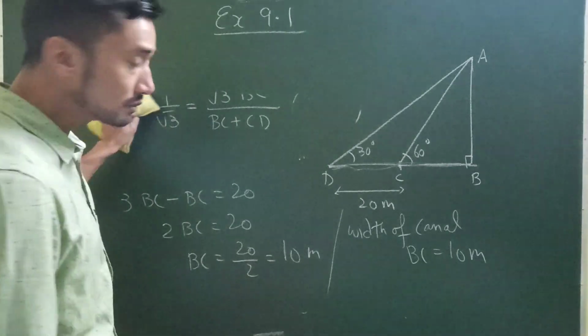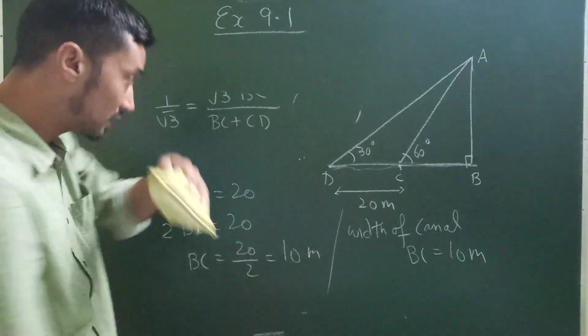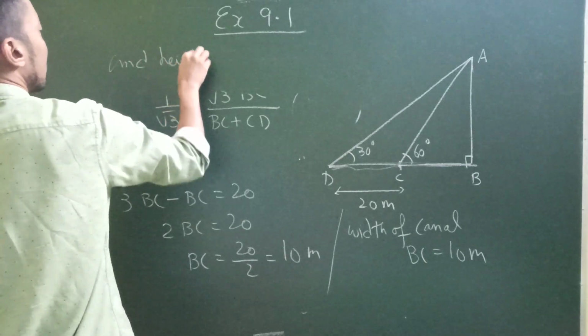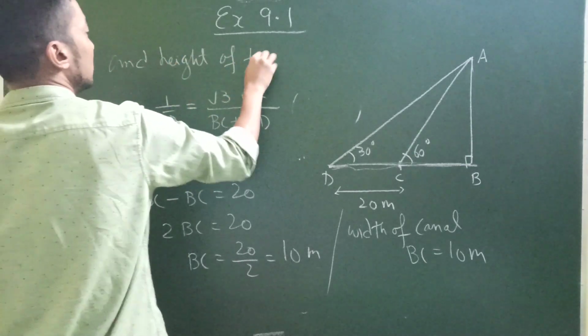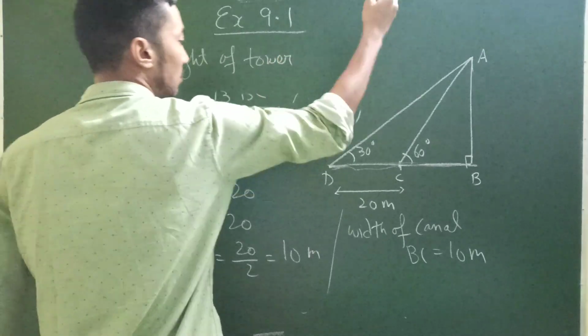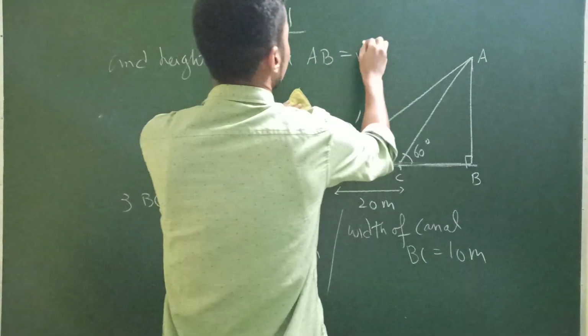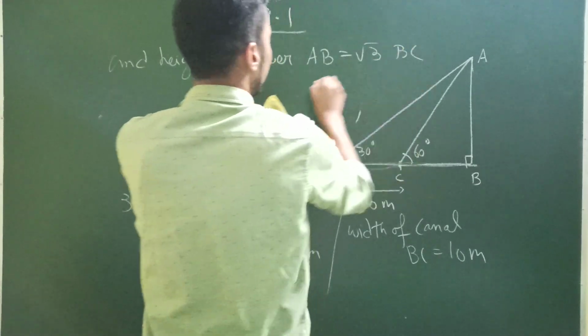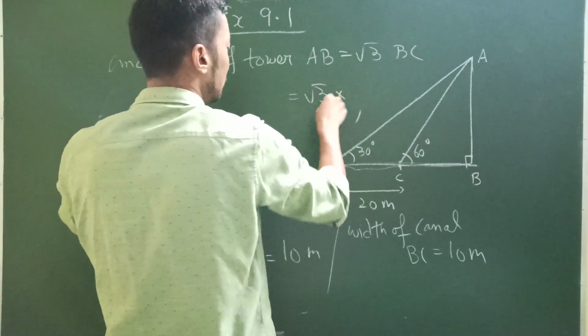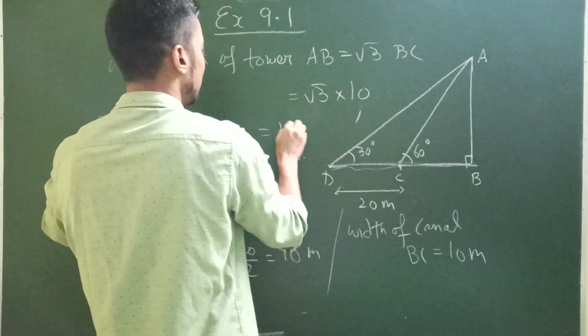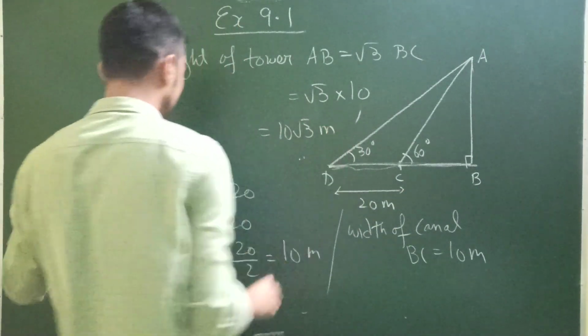Then the other question was to find the height of the tower. Height of tower was AB. Now AB was root 3 into BC. BC was how much that we calculated? 10. So that's going to be 10 root 3 meters.